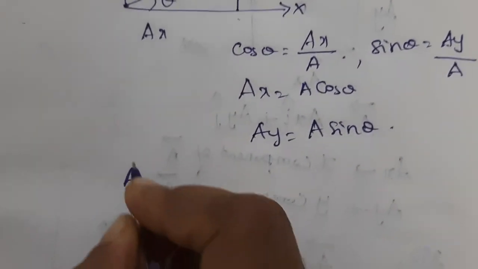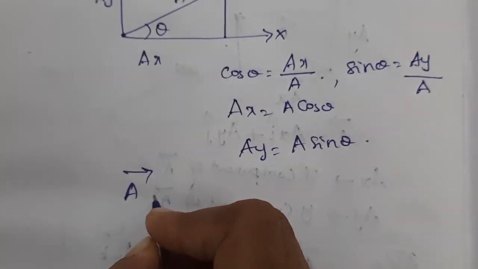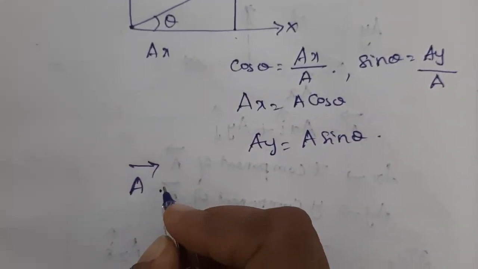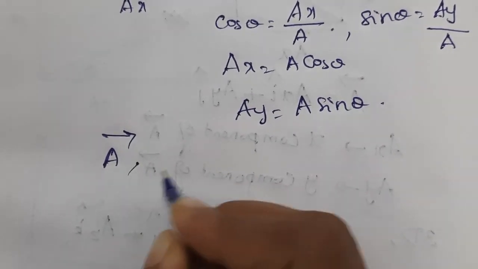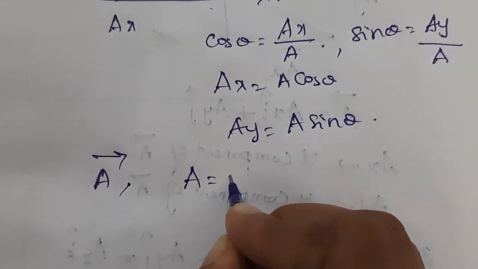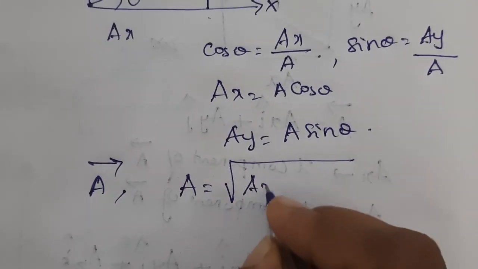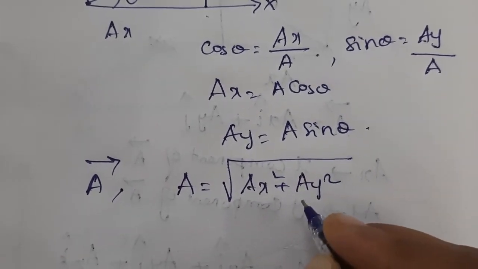So A vector is the vector. Its magnitude A can be written as A equal to square root of ax square plus ay square.